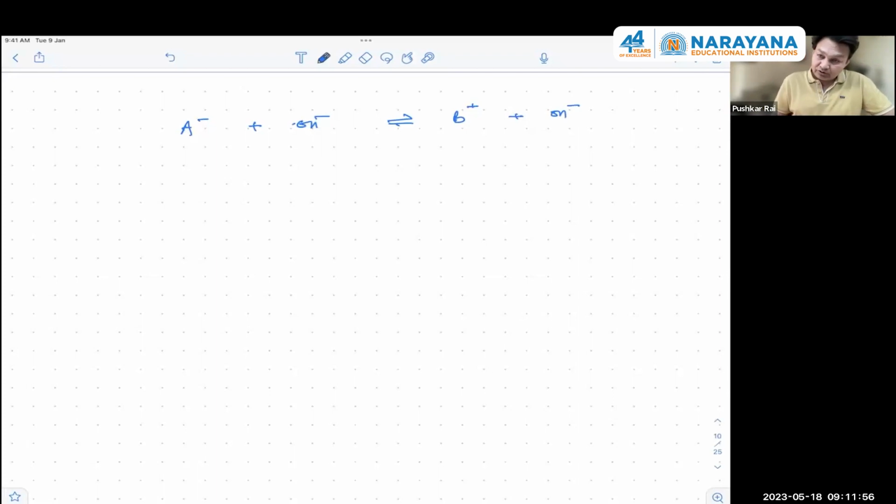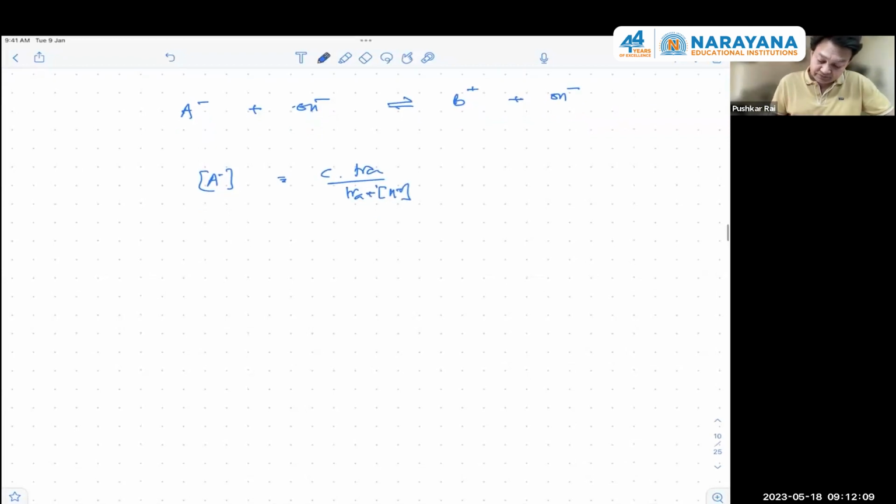One thing is sure, that this A negative will always be equal to C times K divided by K plus H plus. You can get that from the mass balance. Because the total A negative plus total HA in the solution will definitely be equal to 1 by V. There is no doubt about that.